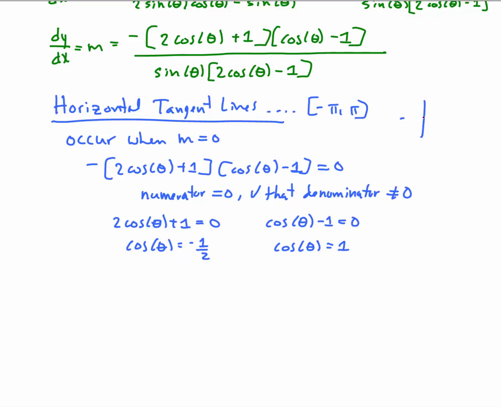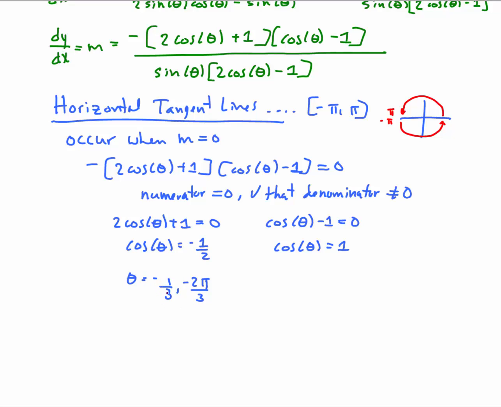So if I think about negative pi to pi, I'm starting here at negative pi, moving in this direction, ending at pi. So this is where I need to focus and make sure my angles fit. For here, cosine of theta is equal to a negative 1/2. That would be at a negative pi over 3.